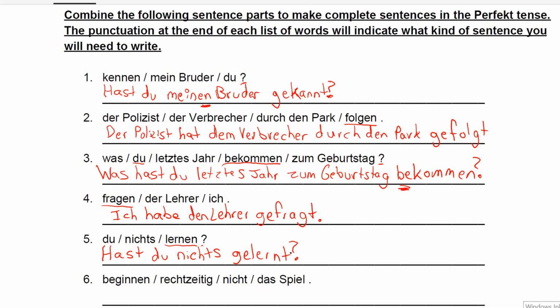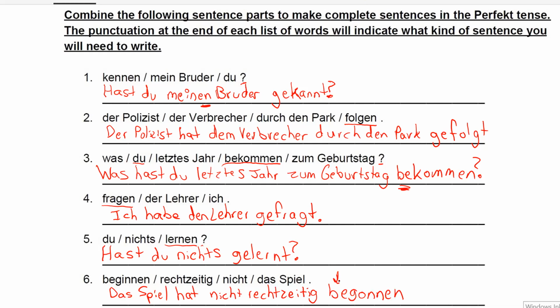The last one on this page of my setup here is another statement. This time we only have one thing that can be our subject, which is the game. So we're saying the game did not start on time. Das Spiel, and since it's a transitive verb again, we have hat, nicht, rechtzeitig, and then our past participle of beginnen, which is begonnen.